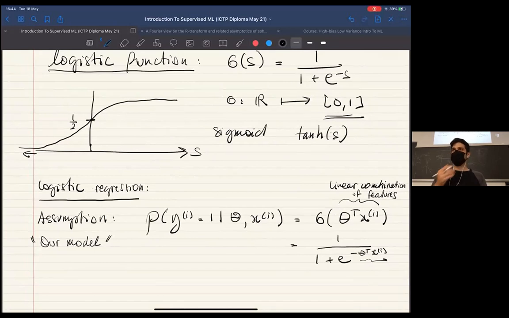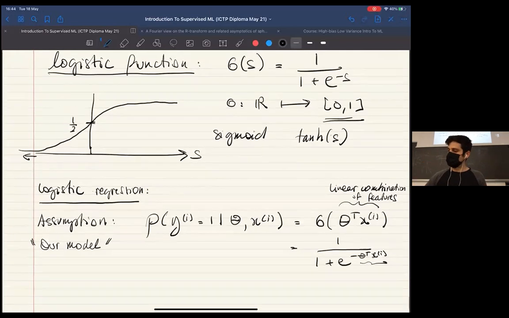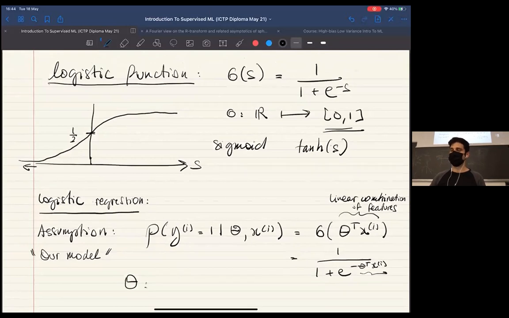Okay, so we will train our model, which means we will find the vector of coefficients such that, if we are given training data, we want to find a classifier, our vector theta, such that it will give a high probability to be 1 for the labels which are actually 1 in our training data, while it will give a high probability to be -1 for the samples in our training data whose label is -1.